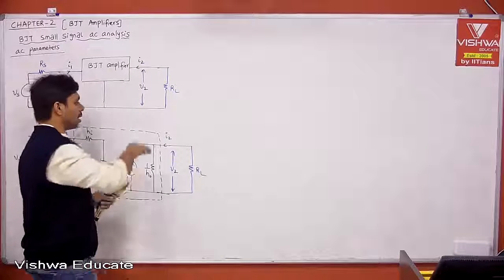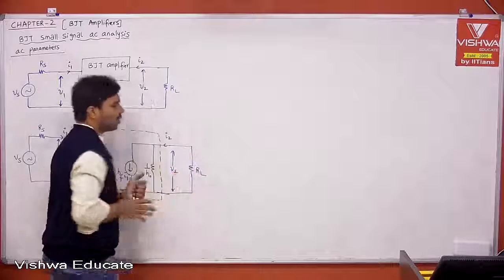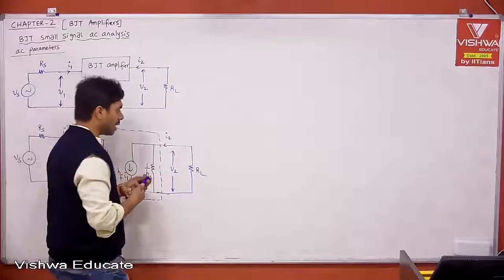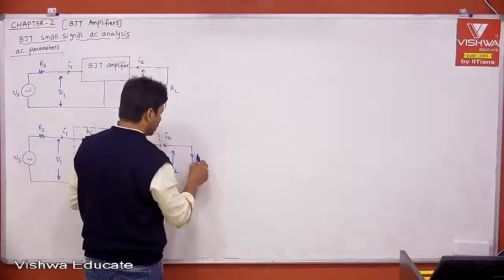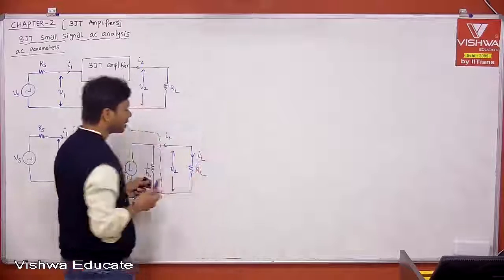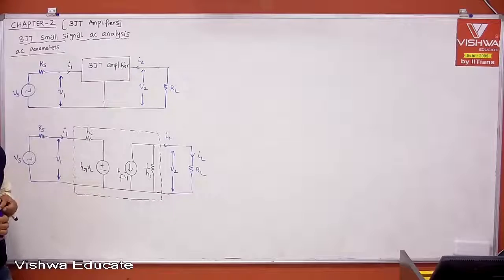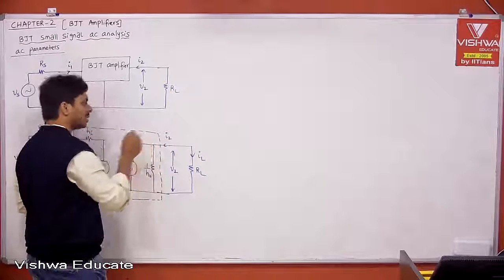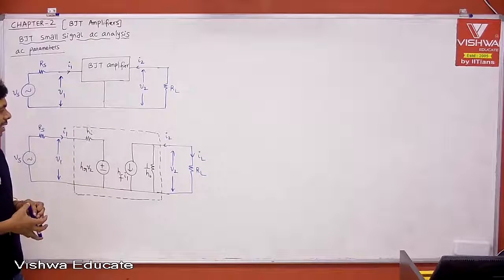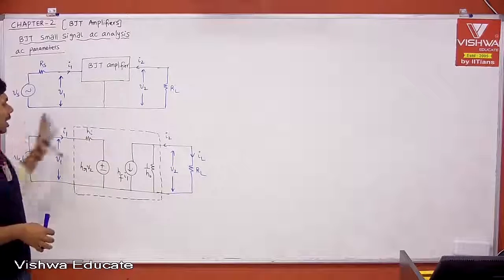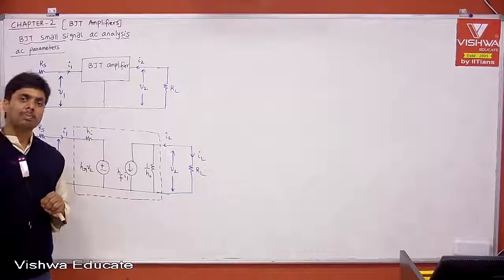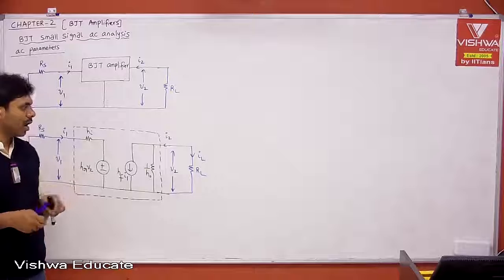But the current which is entering into the load is what people call the load current, IL. According to the two-port network, the current which is entering into your amplifier is defined as I2. Therefore, how much current the amplifier is pumping into the load, that is your IL.